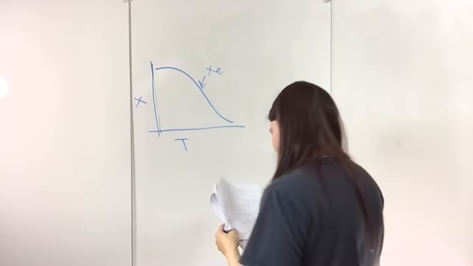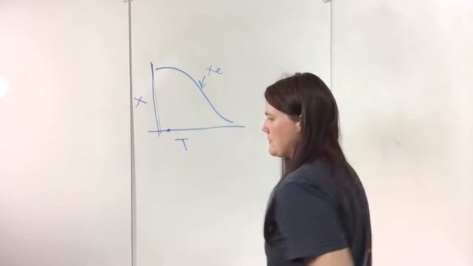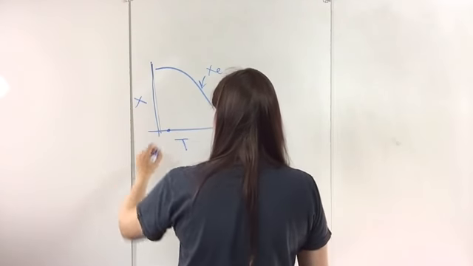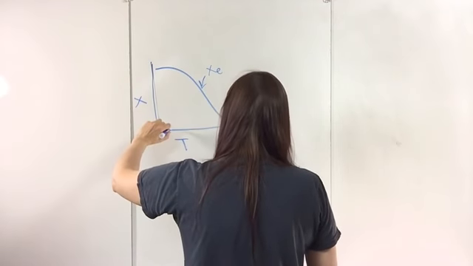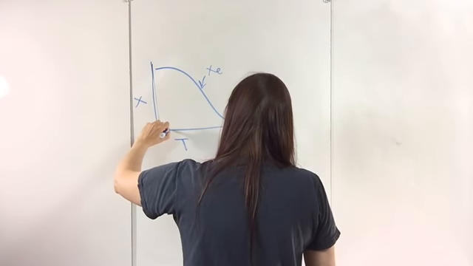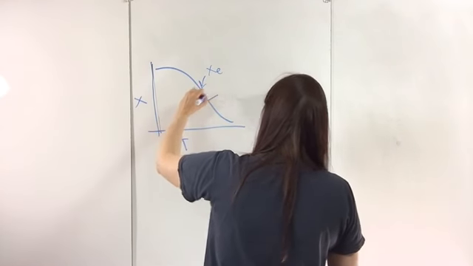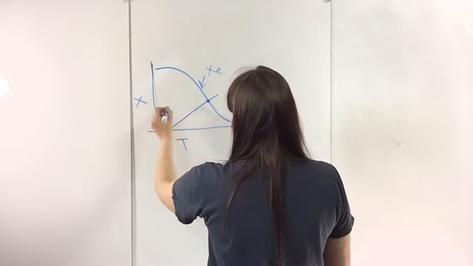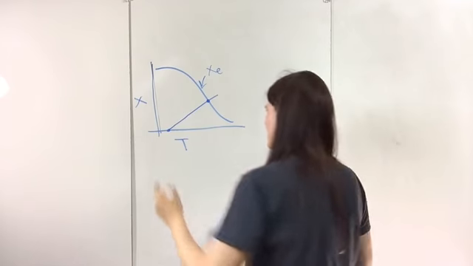This curve you derive from your mole balance equations. And then you also have the curve that you derive from the energy balance. It's not a curve, it's a line. So for this reaction, your energy balance would look like this. Then your conversion is wherever these meet.